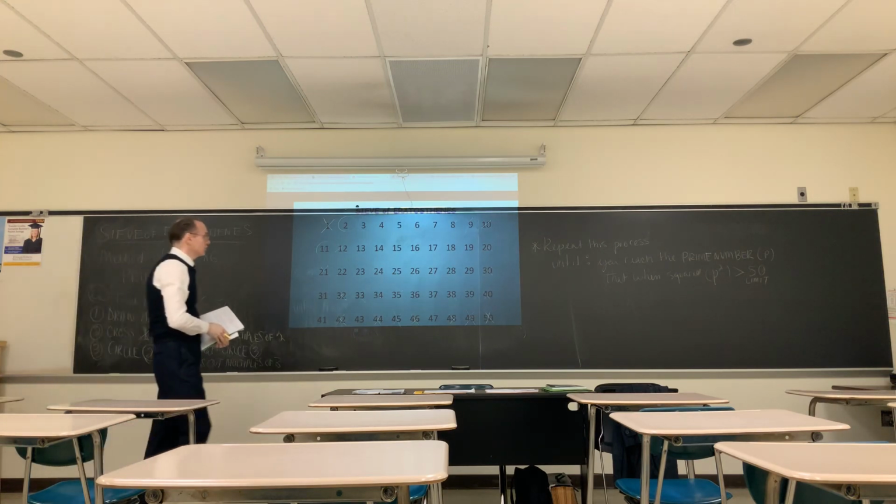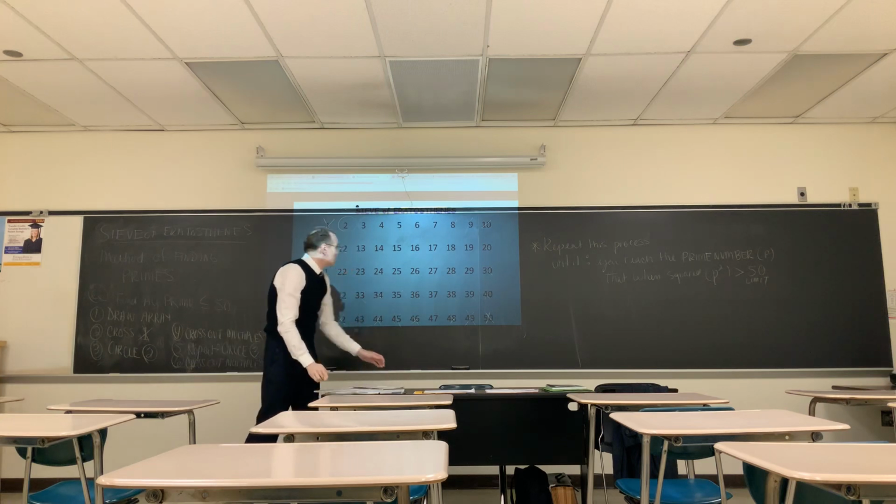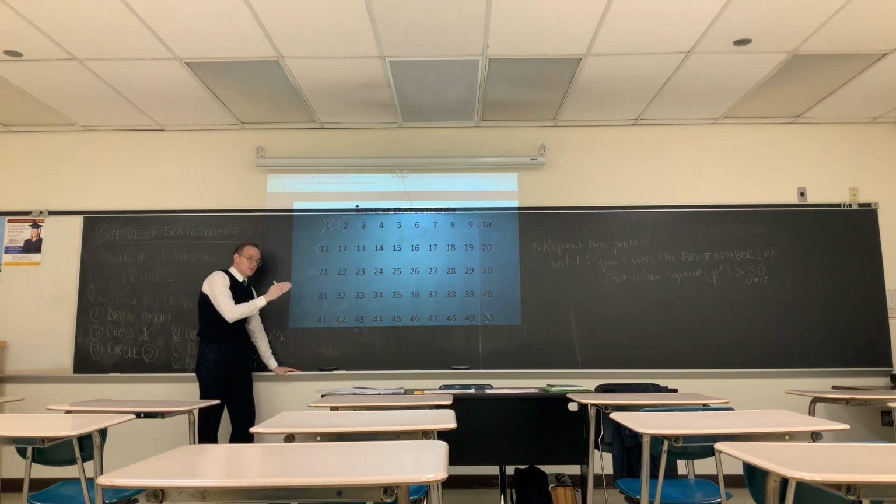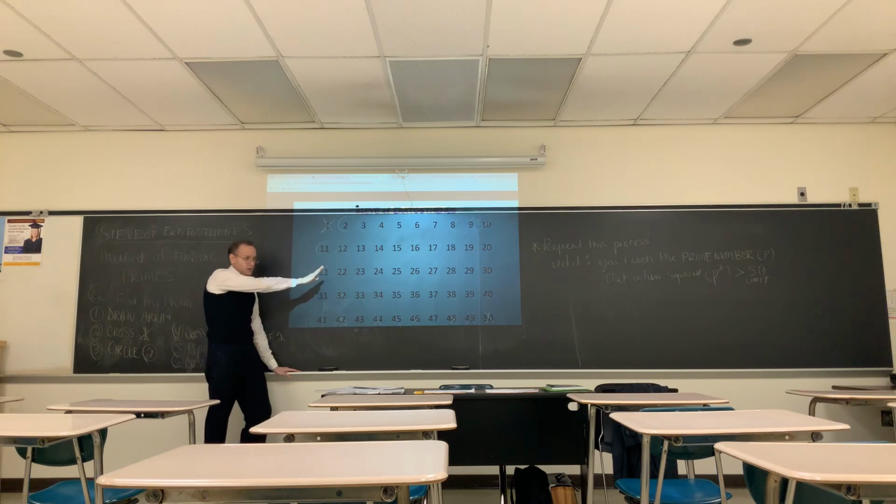And we'll circle the leftovers. Just to reiterate, we went with 7 because 7 times 7 is 49. That's not greater than 50. It's just shy of it, naturally. The next prime number, 11 squared, is 121, which definitely is beyond 50.